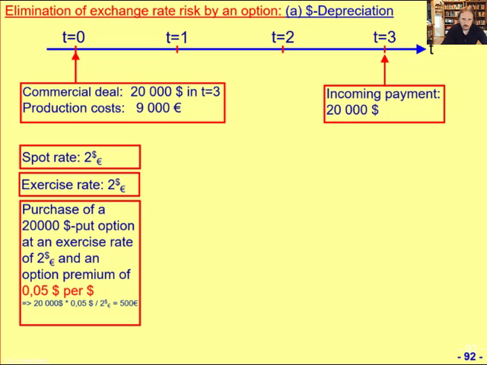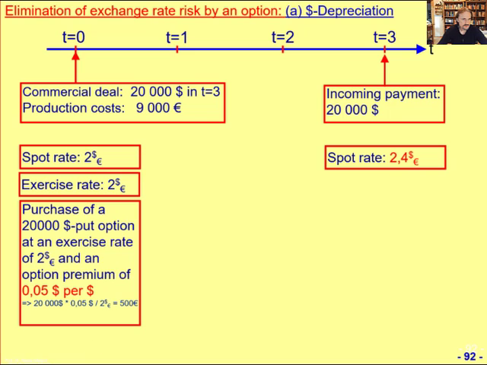If you buy this option and the dollar depreciates versus the euro to a rate of, say, $2.4 per euro on the spot market, we can use the option to avoid a loss.